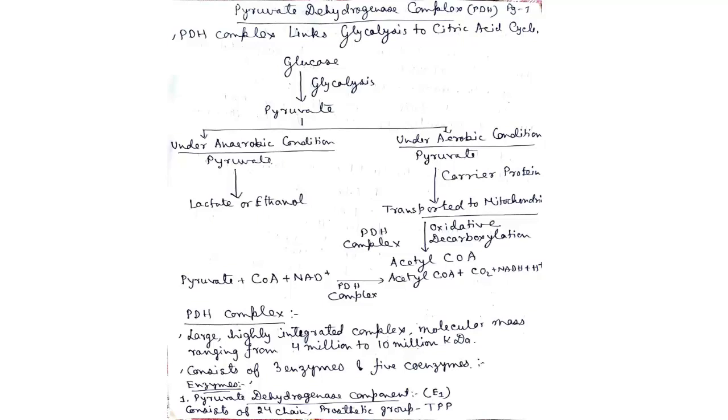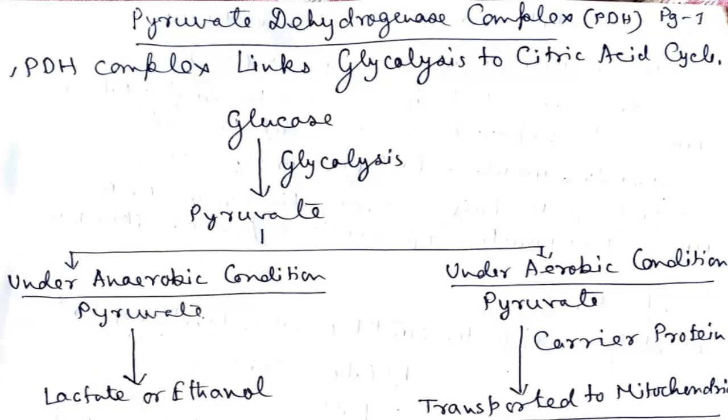Pyruvate dehydrogenase complex is a very important complex that usually links glycolysis to the citric acid cycle. We all know that in glycolysis glucose is converted to pyruvate, and now this pyruvate has two fates.